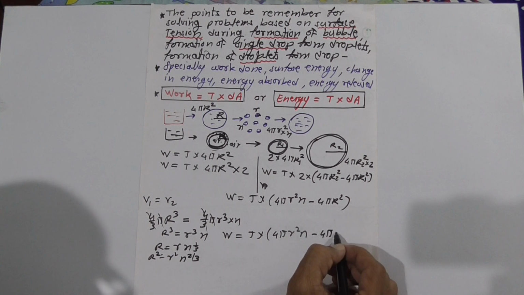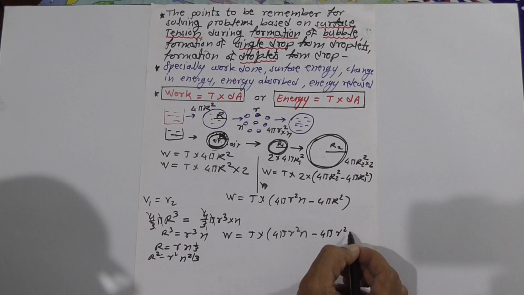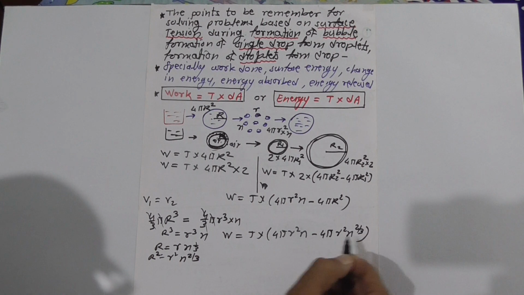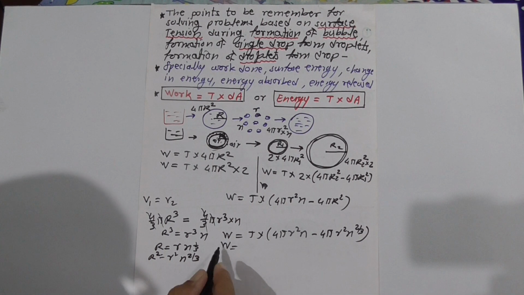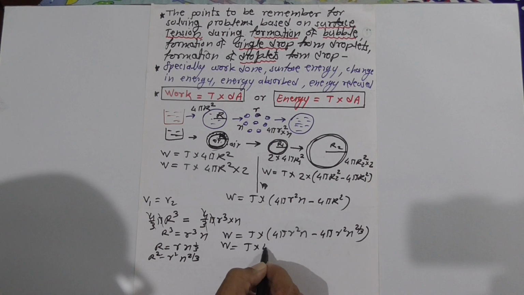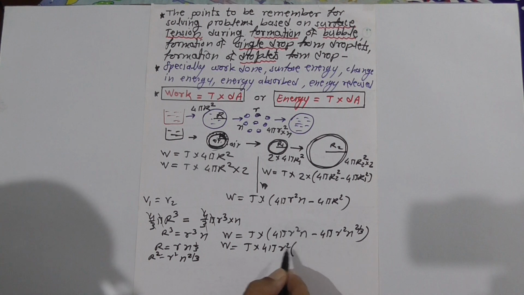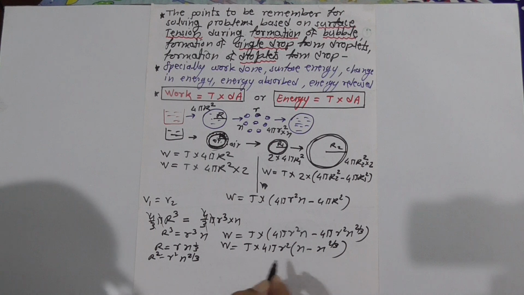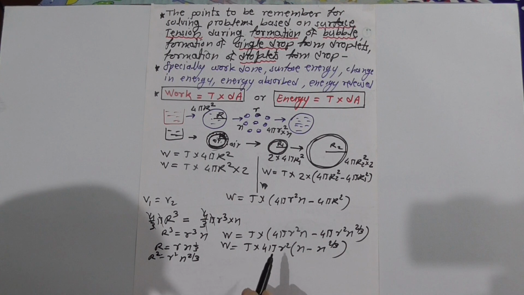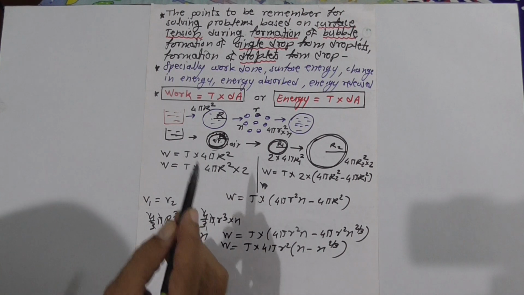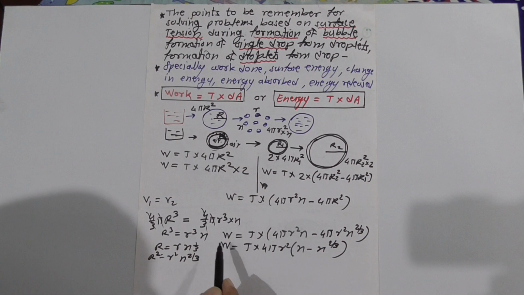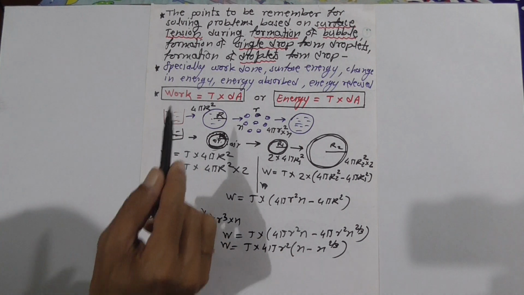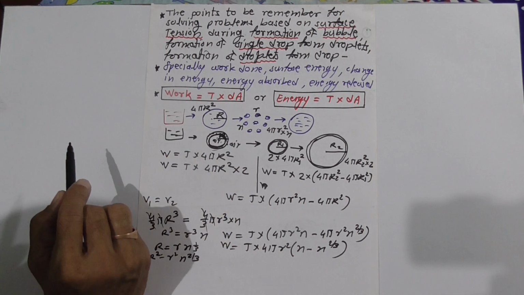So W, or you may say energy, equals T into 4 pi r square, which can be taken as a common term, in bracket n minus n raised to 2 by 3. In some problems, the value of small r is given, meaning the radius of the single droplet is given. You can solve in this fashion the energy or work done during the formation of droplets from the single drop.